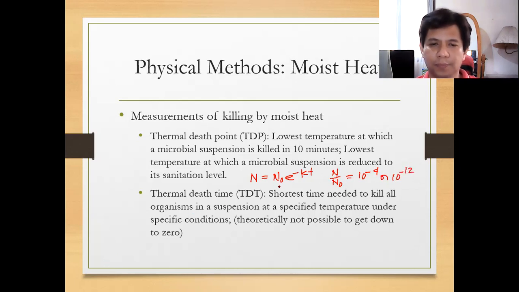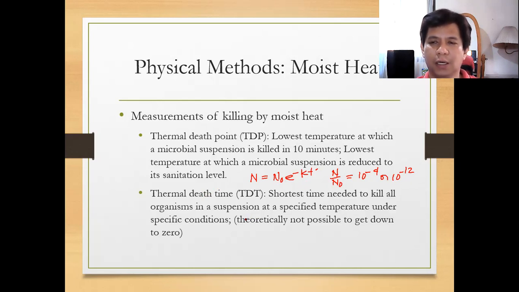So, ang mangyayari dito kung meron kayong time, tapos given naman yung N over N sub O, you'll be able to calculate the K. Yung K, remember that's the parang reaction constant, ano? Yan yung thermal death rate. Itong K na to. So, how do you find the temperature? So, in order for you to find the temperature, gagamitin natin yung Arrhenius equation.